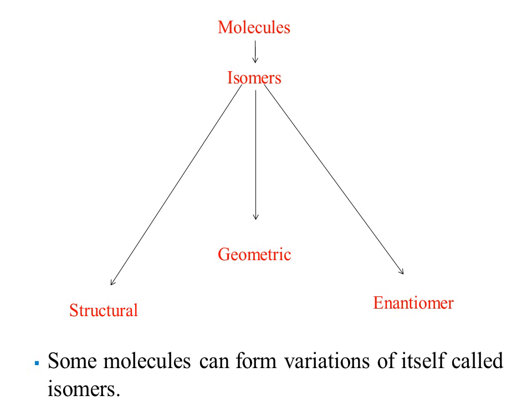So we are going to now look at some molecules that were formed when we add the functional groups. These molecules can form variations of themselves, and we call them isomers. We will discuss 3 types of isomers: structural isomers, geometric isomers, and enantiomers.